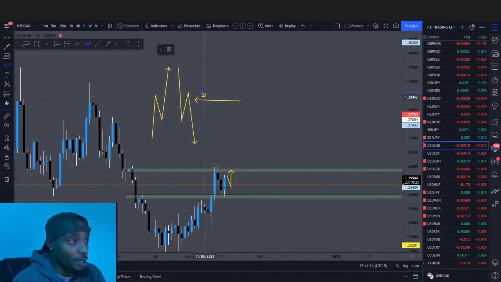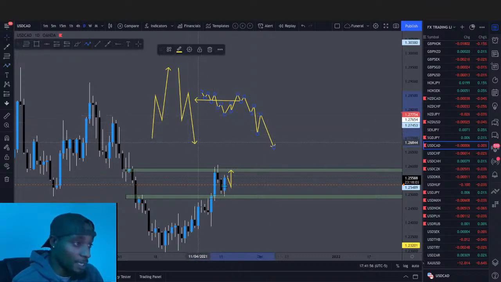You might get a double top, it comes down, breaks through the structure, comes back a little bit, doesn't really break, comes back up, comes back down, and starts to break structure down again on its way to the downside, and then eventually gets to the ending point of where the daily candle closes.